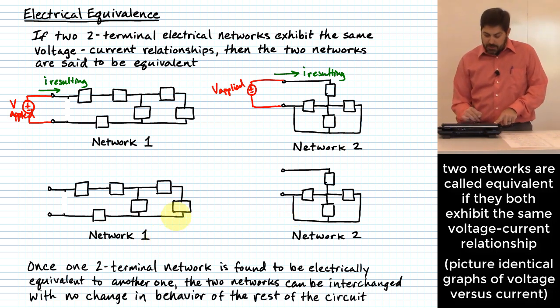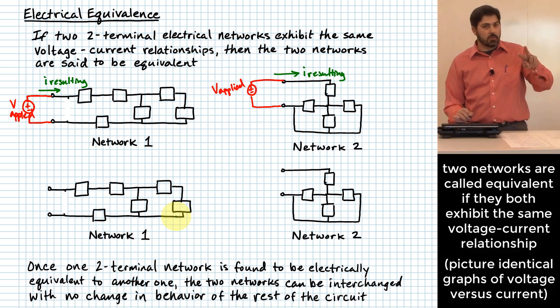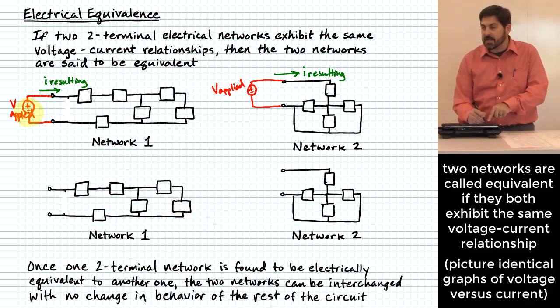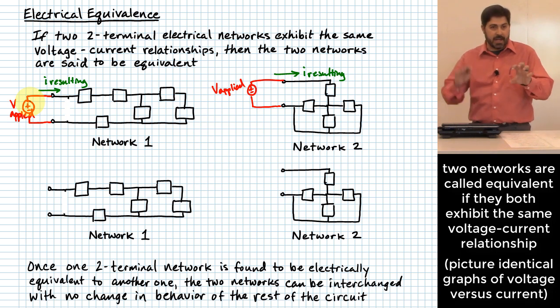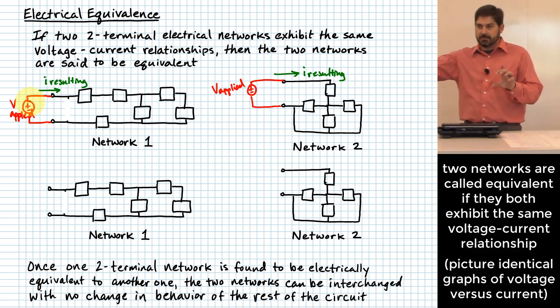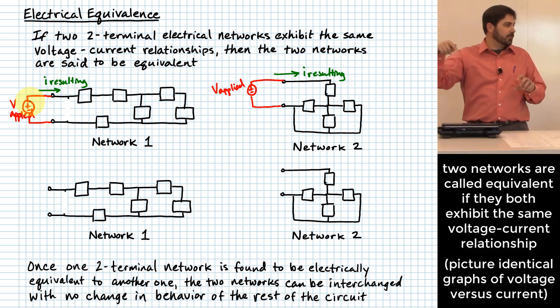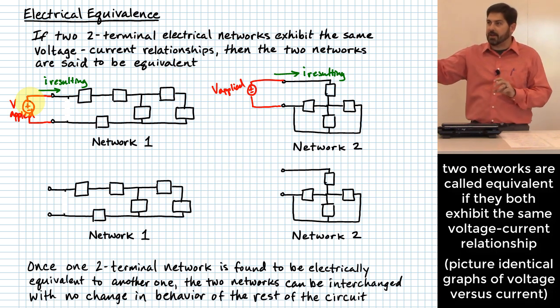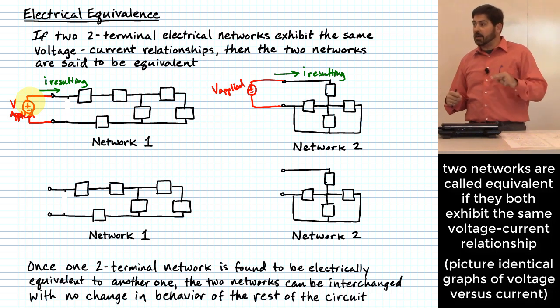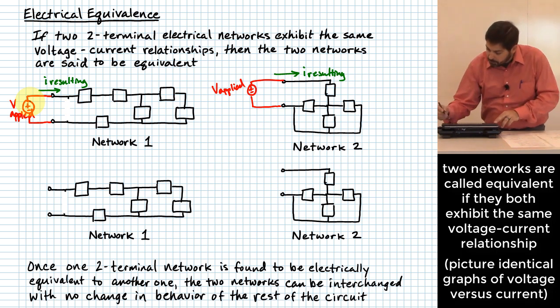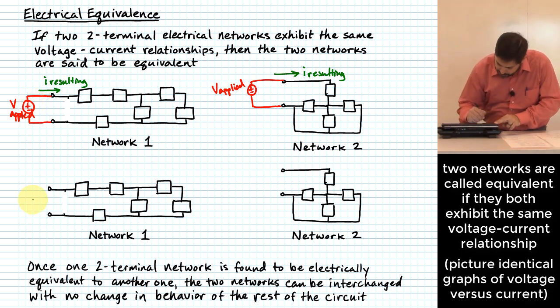Now, you might be wondering why I showed another pair of networks up here. The reason is it actually works the other way too. Instead of thinking of V as the cause and I as the effect, what if we put a current through these terminals?